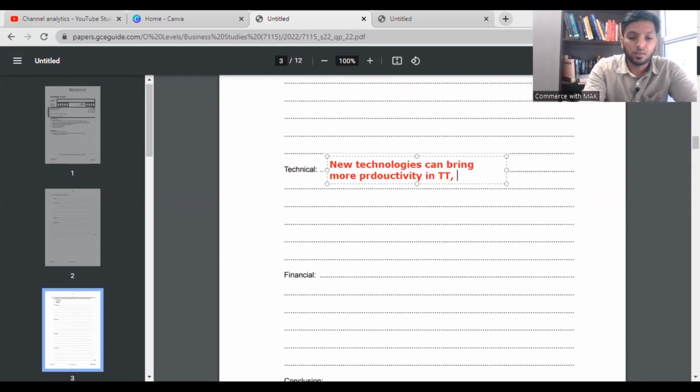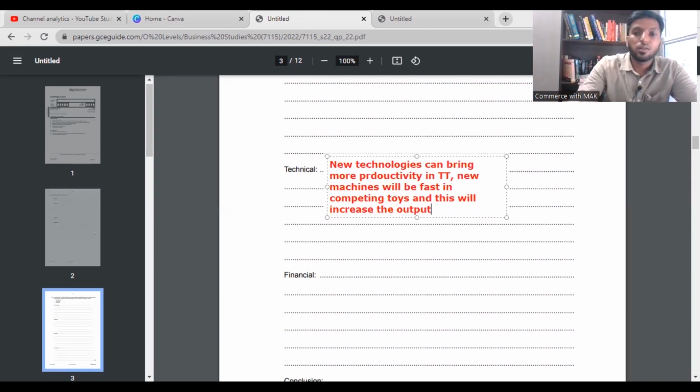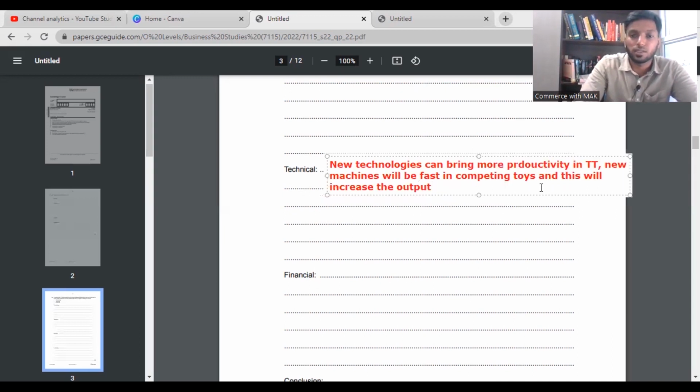New machines will be fast in completing toys, and this will increase the output.